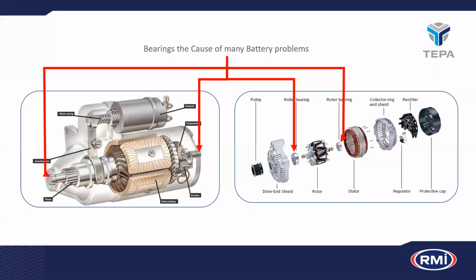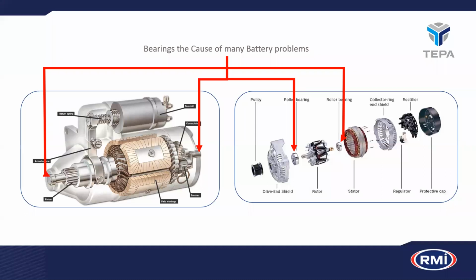Or if you see on the bottom right-hand side of the picture, there's the regulator. It's a little plug-in item, and it's a very easily replaced item. If that has failed and it's allowing too much current through or too little current through, then your alternator is not doing what it's supposed to do. And guess what? The battery gets the blame again. And that's ultimately where we go into this process.